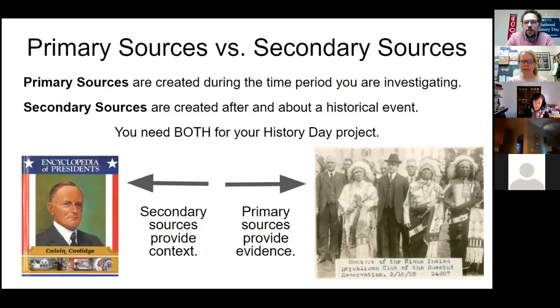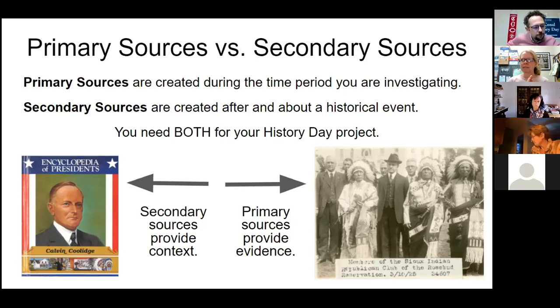Secondary sources are created after and about a historical event. For students, the easy examples are things like textbooks, biographies, or Wikipedia, so different types of resources about a historical event. I have the example here: the Encyclopedia of Presidents, Calvin Coolidge, a Vermonter. Secondary sources provide context, and that is important for students.